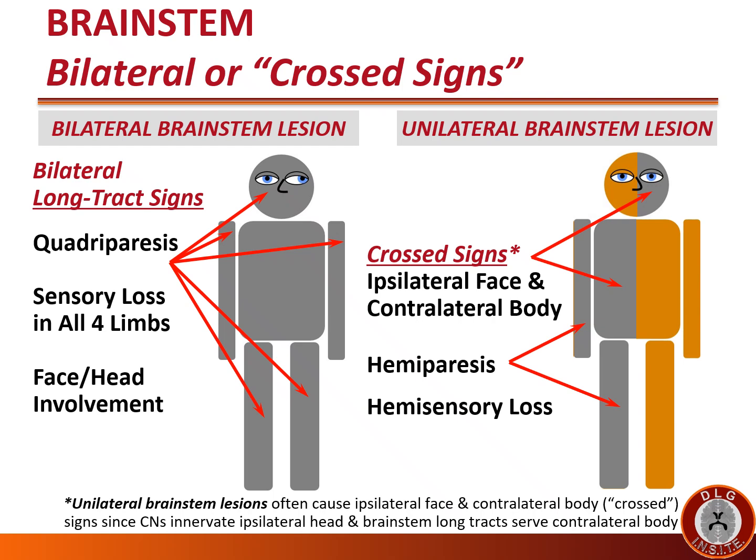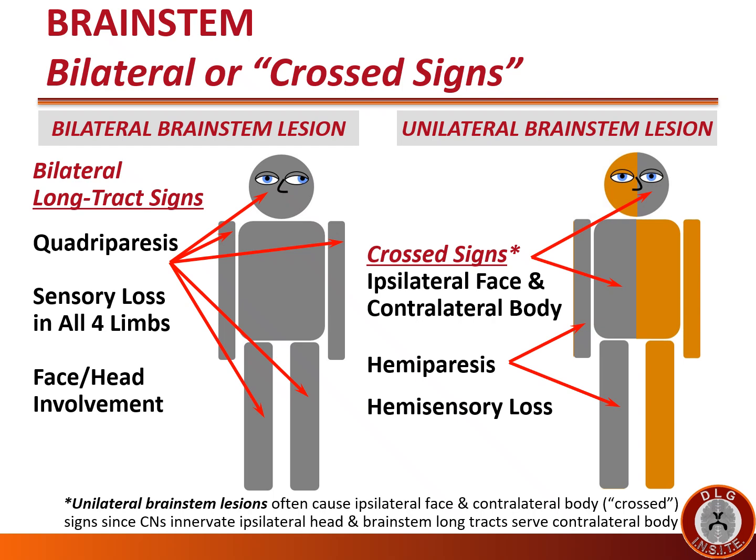The brainstem itself is quite small. The width is about that of a pen or pencil, and so bilateral lesions are fairly common when they occur. When there are lesions in the brainstem, therefore, the lesions tend to be bilateral. The symptoms and signs tend to be bilateral, such as quadriparesis and sensory loss in all four limbs.